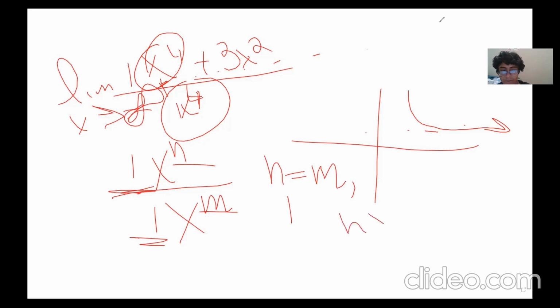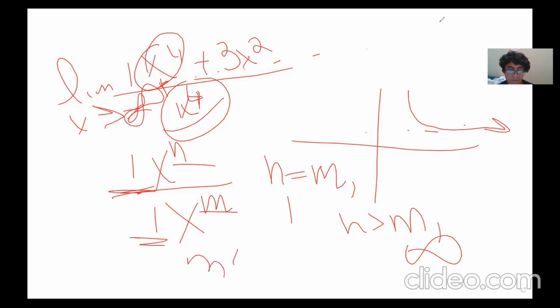If n is greater than m, well, then the numerator is growing way faster than the denominator is. It's going to grow crazy. The denominator won't be able to divide out enough value from the entire function. So it's just going to go up to infinity. The numerator is getting bigger than the denominator is.